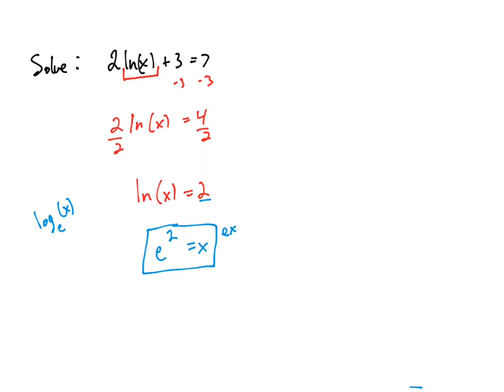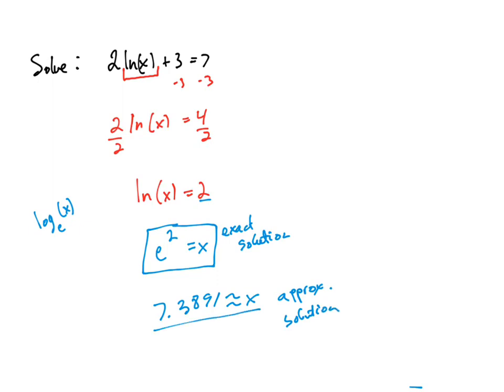So this is the exact solution. And if we had a calculator and we wanted an approximate solution, we'd get 7.3891, and that would be the approximate solution. All right, so let's look at a couple more examples here.